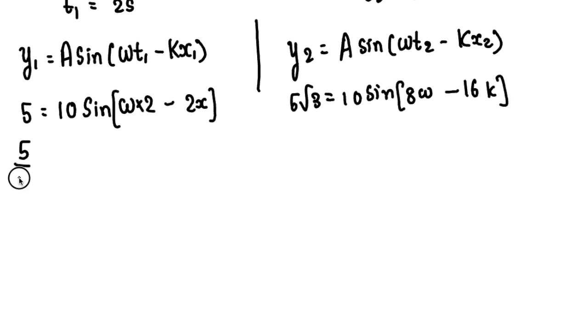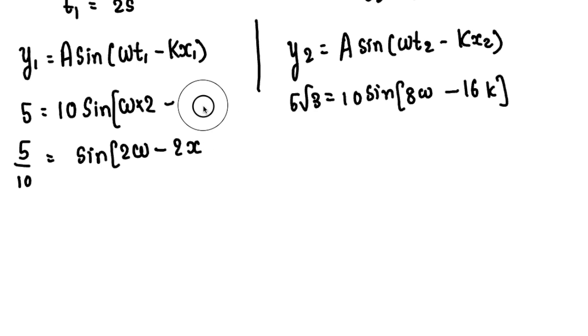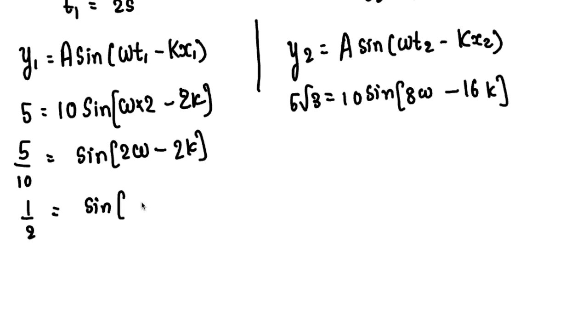Now taking 5 by 10 equals sine(2 omega minus 2k). We made a small mistake, it is 2k. Here 1 by 2 equals sine(2 omega minus 2k).